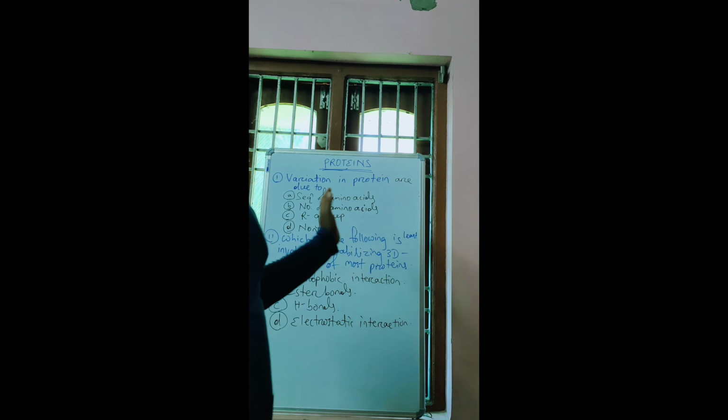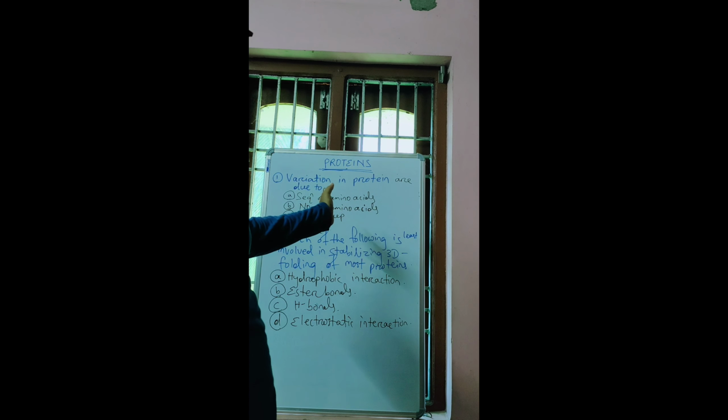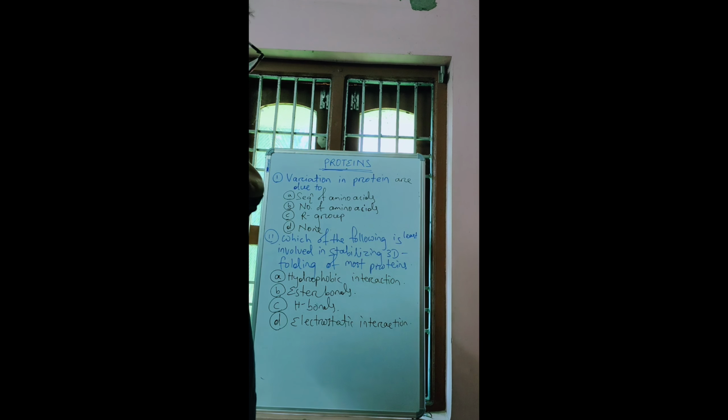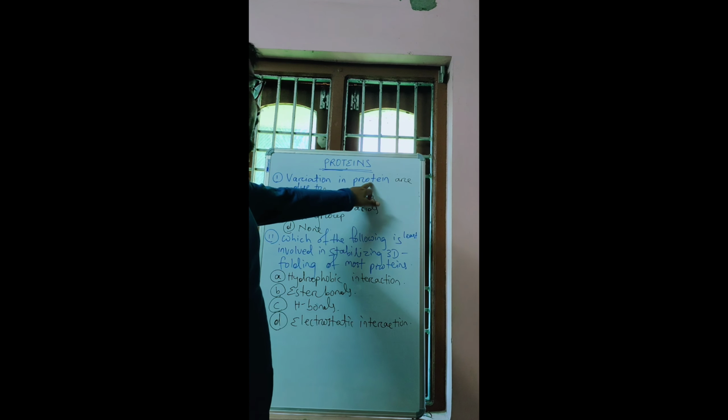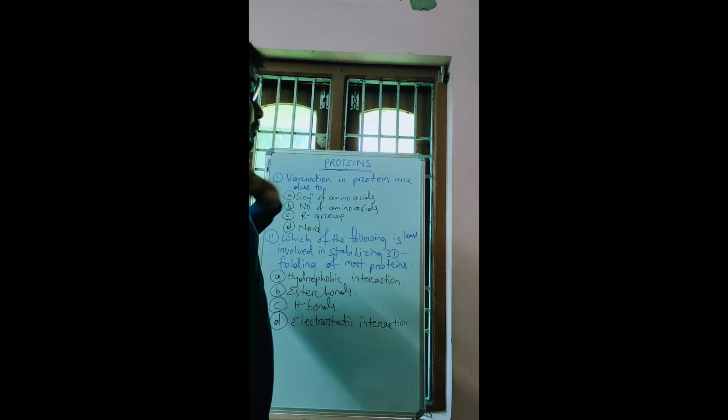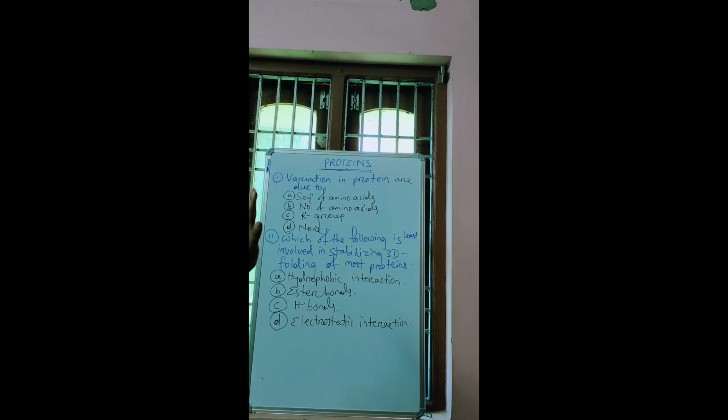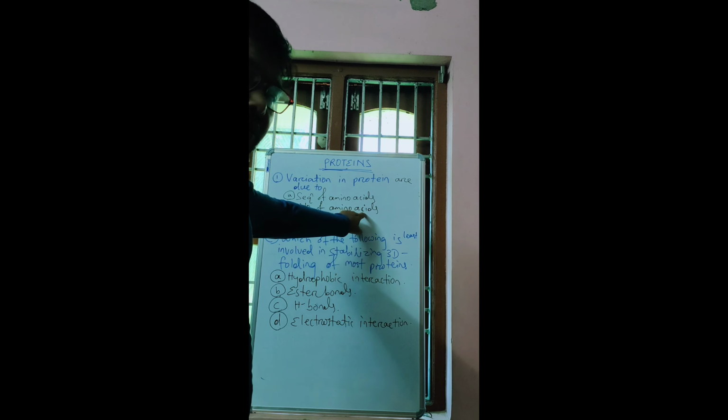Here we are discussing two questions related to proteins. The first question: variation in proteins is due to. First option, sequence of amino acids. Second, number of amino acids.